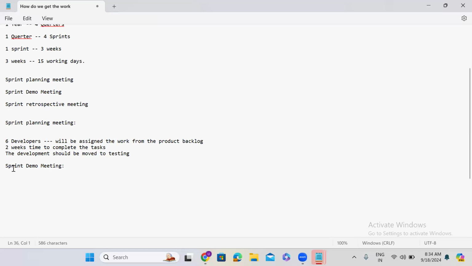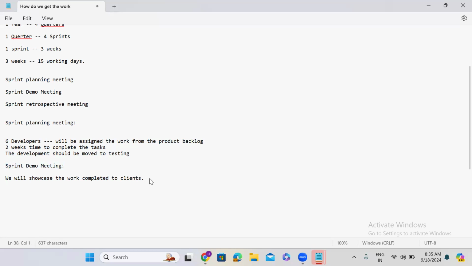In the sprint demo meeting, whatever work we have completed, we will showcase it to the clients. This will happen at the end of the sprint, guys.